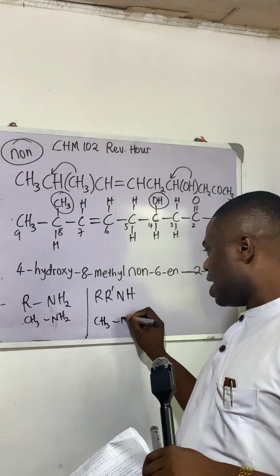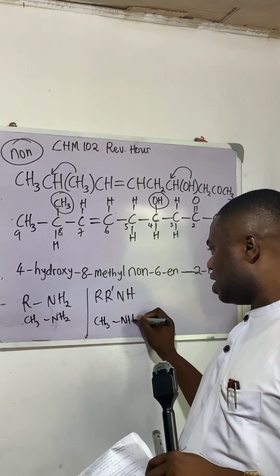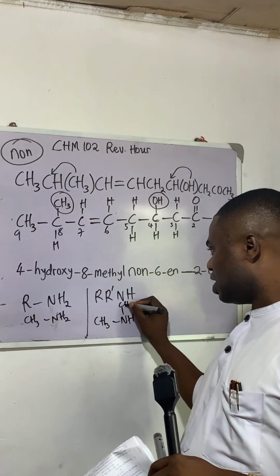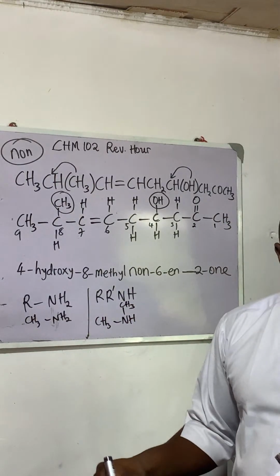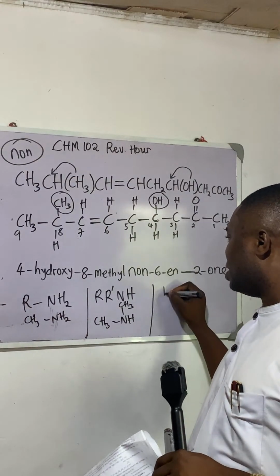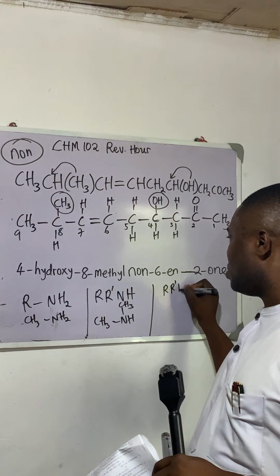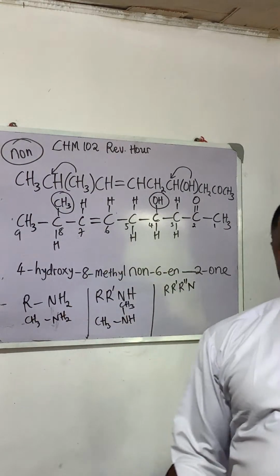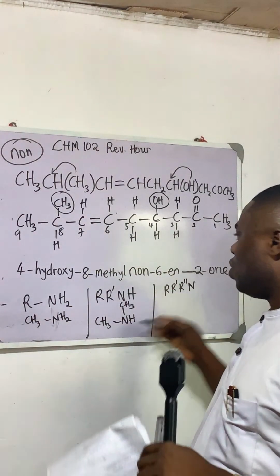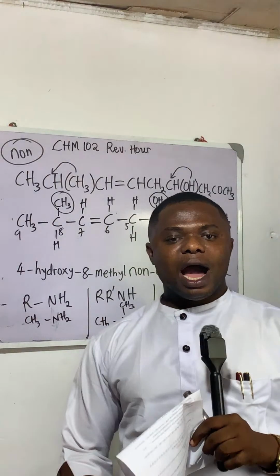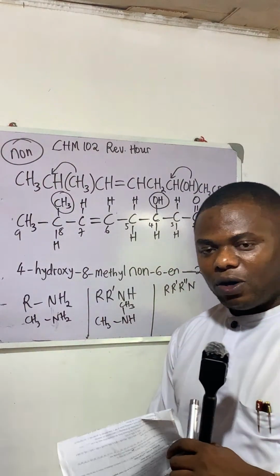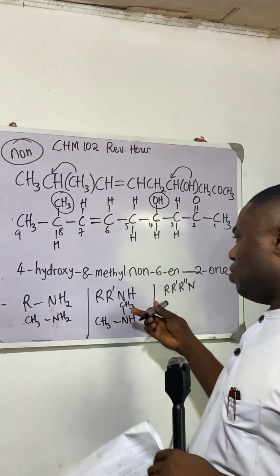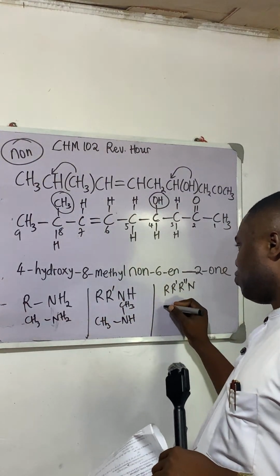Example, CH3, NH, and maybe CH3 here again. That is a secondary amine. While a tertiary amine is R prime, R double prime, then N. This one does not have any hydrogen attached, meaning all the hydrogens of the ammonia have been completely replaced by the alkyl group.